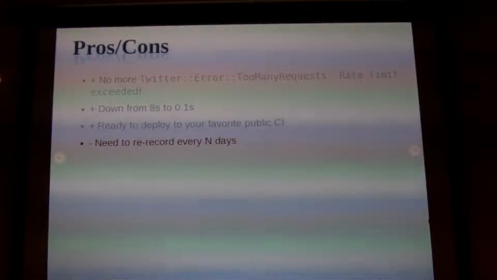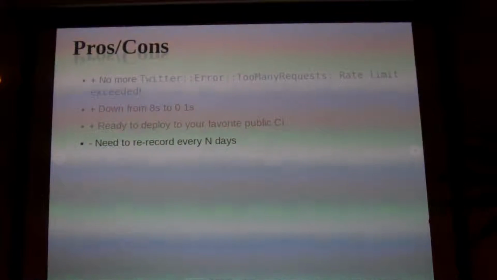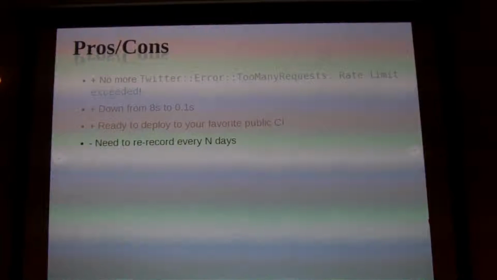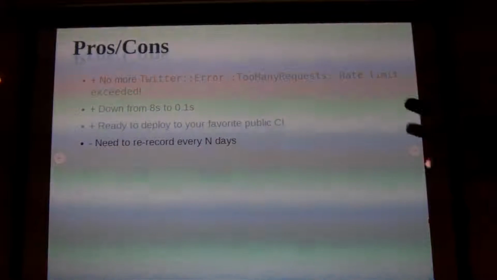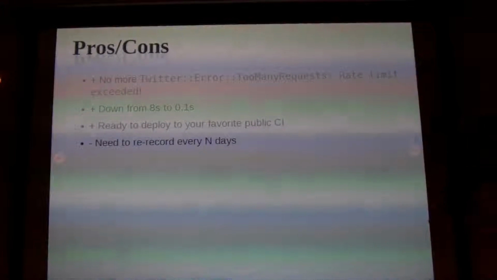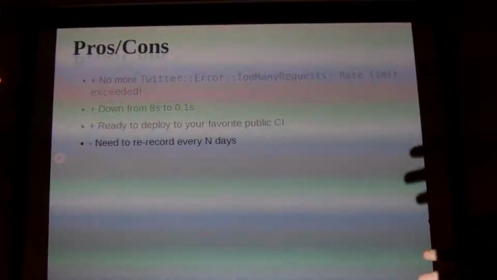The con is that you need to re-record every n days. So basically, it happens that you record them and you think, okay, everything is fine. My application is green. Everything is okay. But then Twitter decides to change something, right? And your test will still be fine because it uses the mocked data, the things that you recorded like half a year ago.